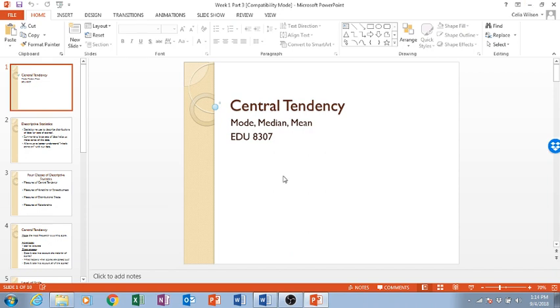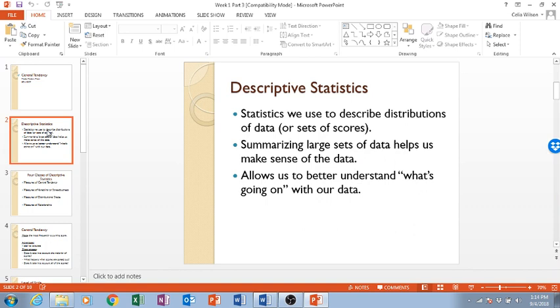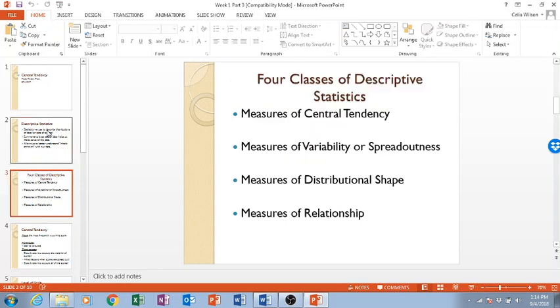Starting central tendency, we're still in descriptive world. We're still wanting to summarize large sets of data and help us make sense of the data. It allows us to better understand what's going on with our data, first us as researchers, and then what we want to relay to our readers.